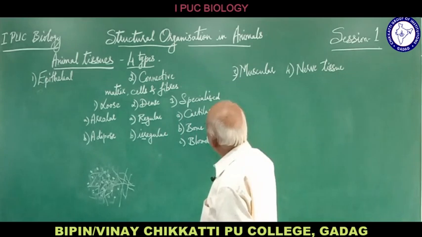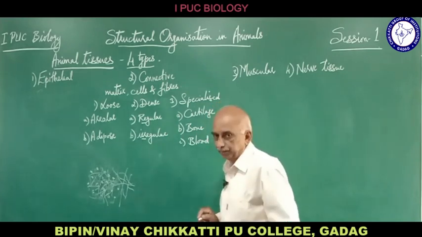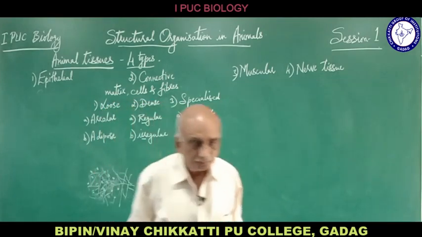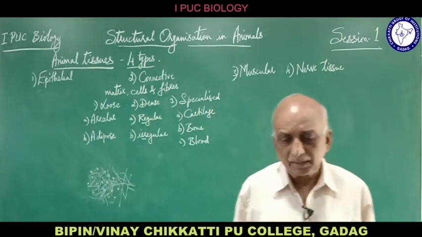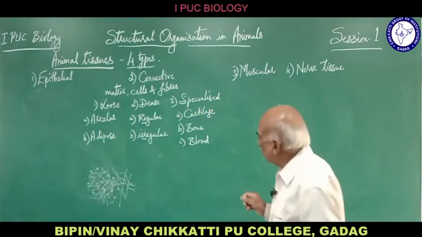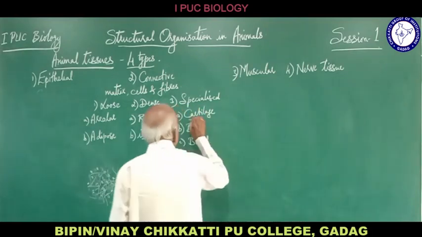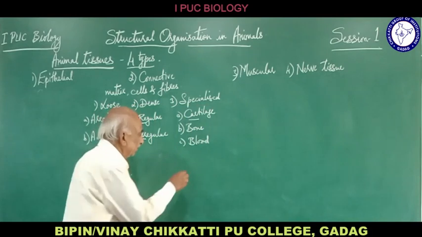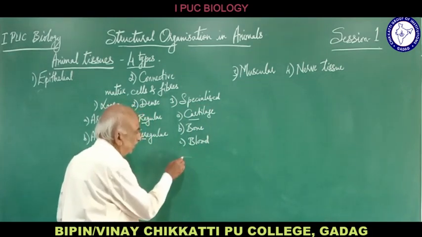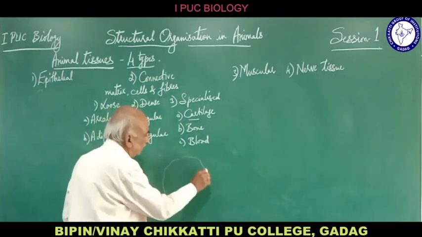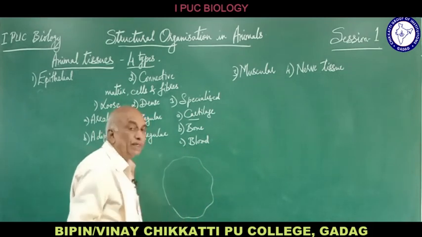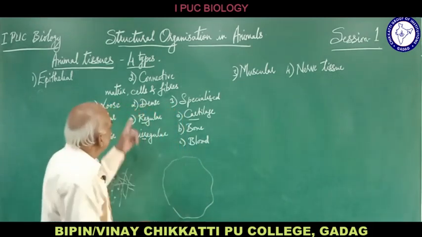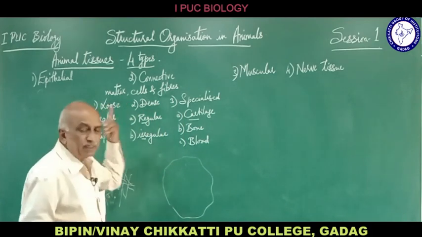Then if you come to the specialized connective tissue, those are three types: cartilage, bone and blood. Now cartilage is a tissue which is surrounded by a layer called perichondrium. Here also there is matrix. So matrix is present in all.